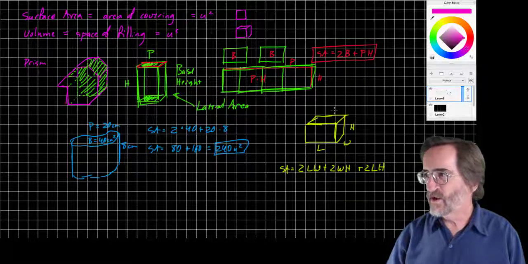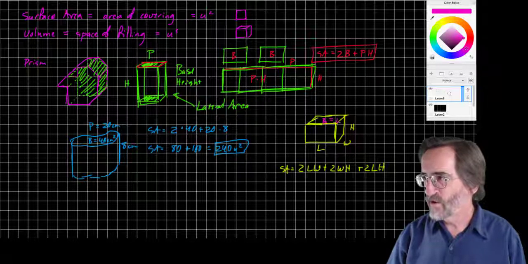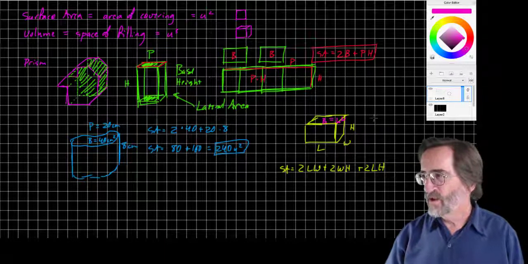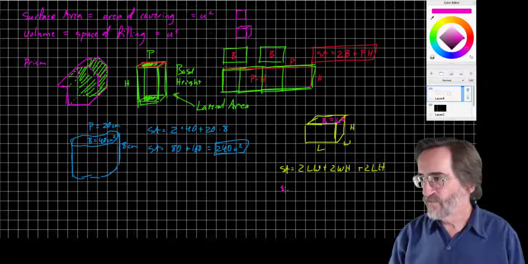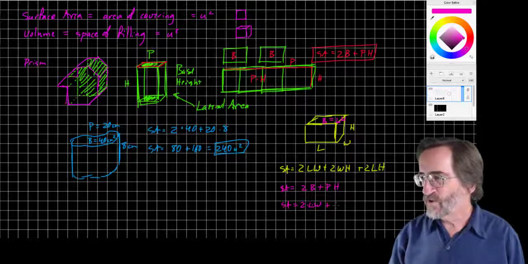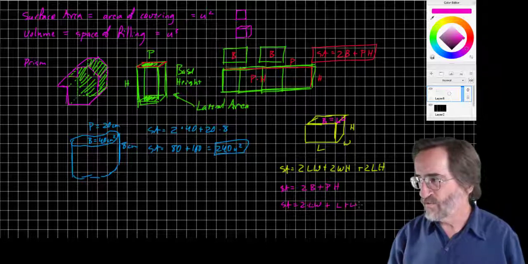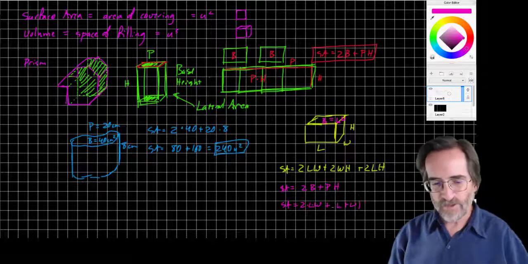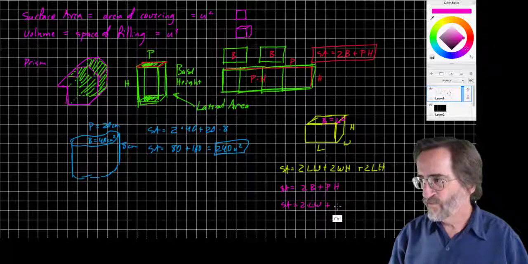If we take the area of the base, it is going to be length, width. So our new formula, the surface area, is 2 times the base plus the perimeter times the height. The surface area is 2 times the base, which is length, width. The perimeter is length plus width times 2, 2 length plus 2 width.